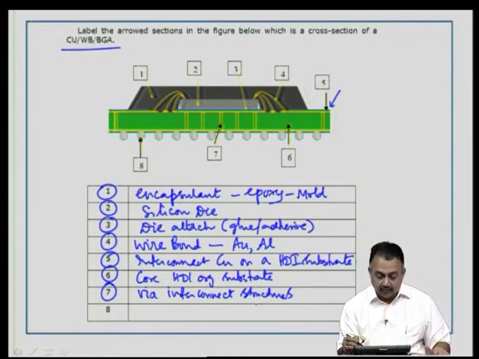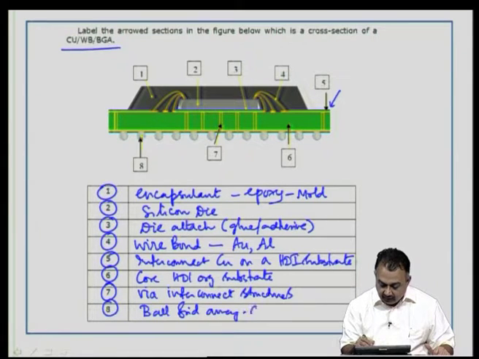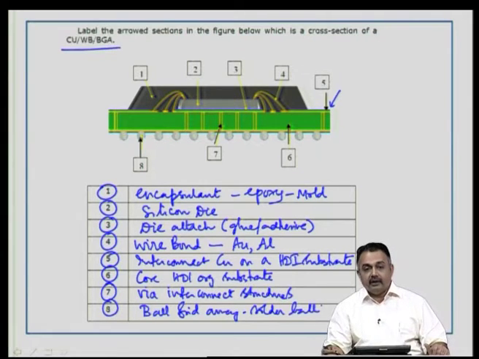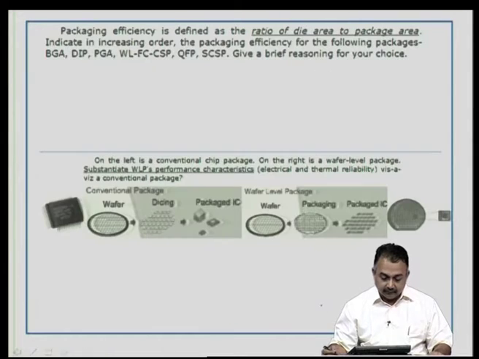It can be a through hole. Then the 8th one finally is the ball grid array or the solder ball interconnections. So, this is how you identify the package components.